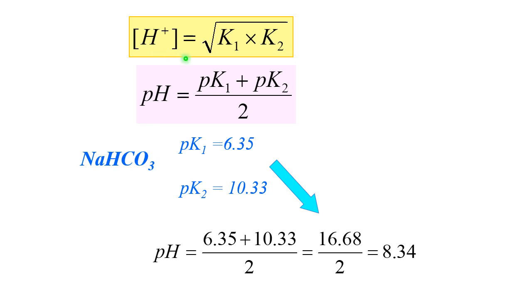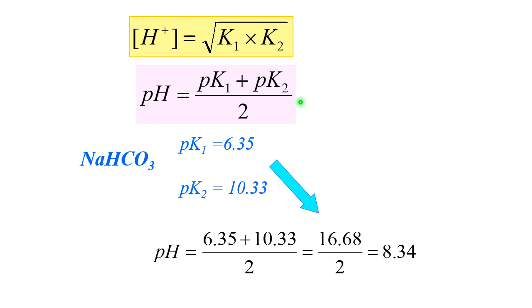Now, if I take log of this and take negative sign, I'll have, instead of concentrations, pH, pK, and pK. pH is pK1 plus pK2 divided by 2. Very simple formula. This is not an exact formula.